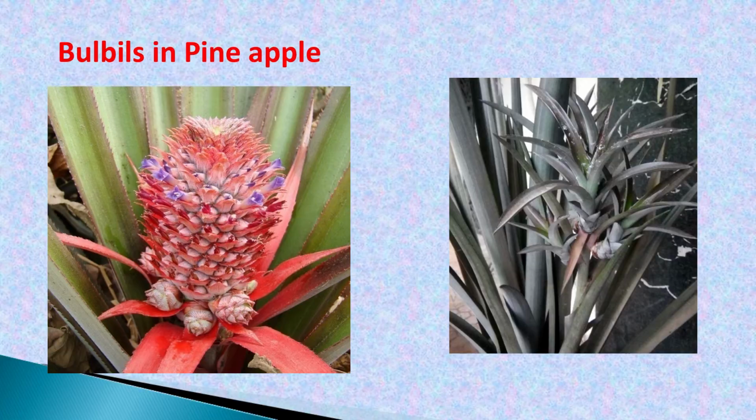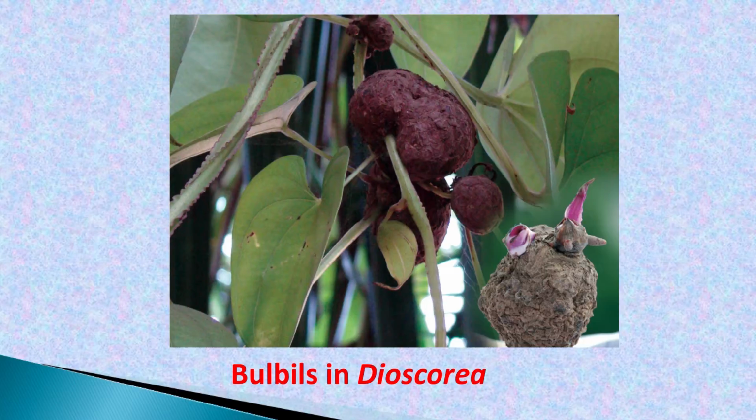So, pineapple also propagates asexually by means of bulbil formation, and this Dioscorea, in Odia called Khambadu. You can see these bulbils, the asexual reproductive shoots, are formed, and they also germinate for propagation in nature. That is the natural means of asexual reproduction in these plants.